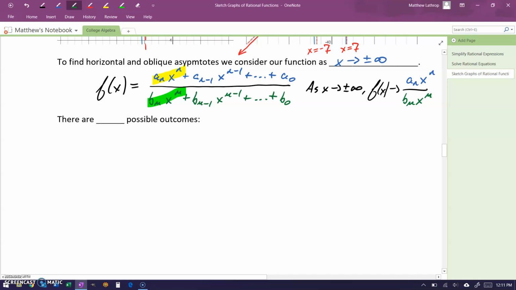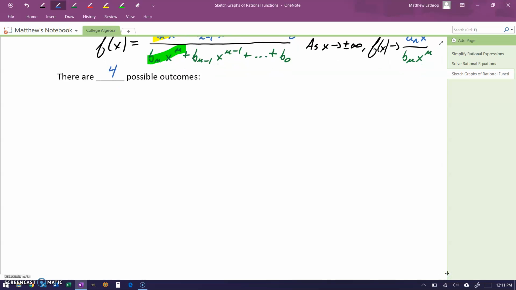Or essentially what we're saying is all other terms drop out or become less influential to the function value, and we just focus on those two leading terms. When we consider just the leading term for the numerator and denominator of our rational function, there are 4 different outcomes we can encounter.